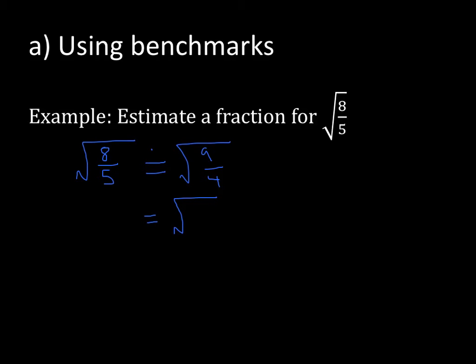The square root of 9/4 is just equal to 3/2. So I can say that the square root of 9/4 is equal to 3/2, and therefore the square root of 8/5, I can say with reasonable certainty, is approximately equal to 3/2.